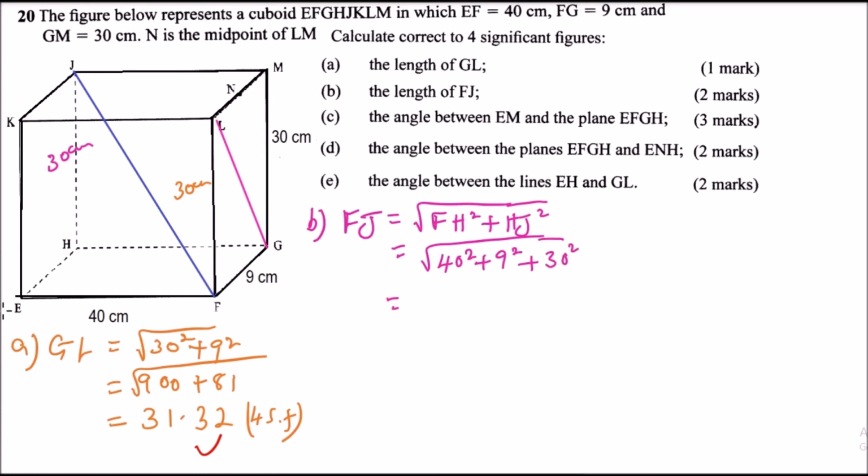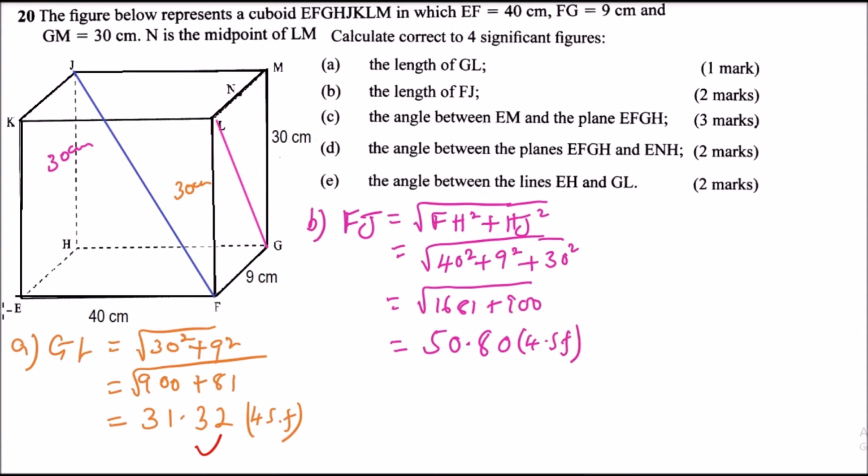So this is the square root of 1681 plus 900. Using your calculator, the addition of that is 2581, and the square root is 50.80. That is to 4 significant figures. So that's how you get that.